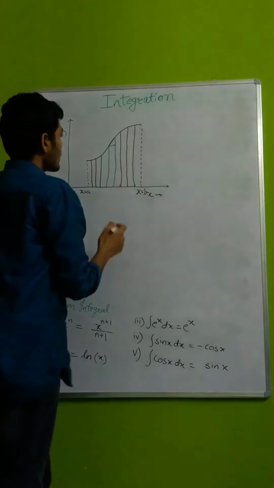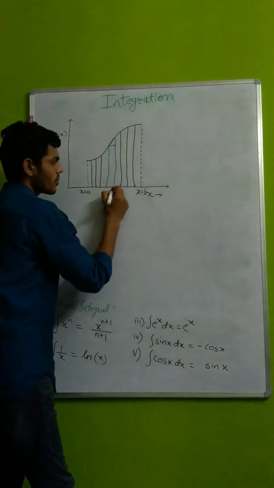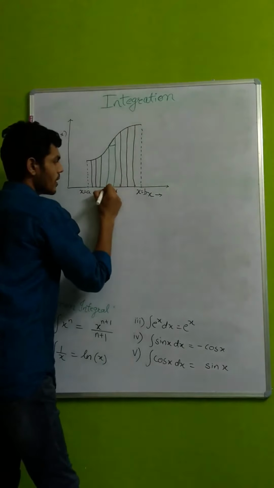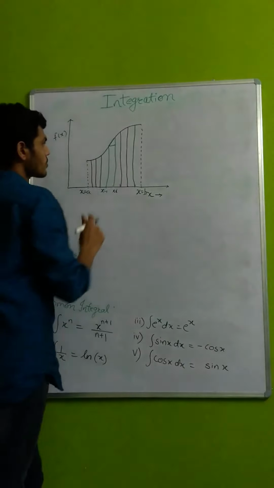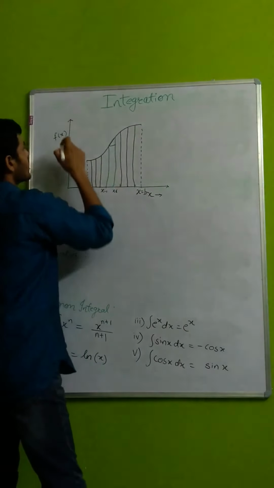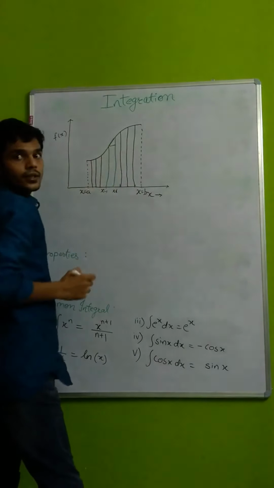So how can we find this? Let's say if this is some random point x equal xi, and this is xi minus 1. Okay. Now what will be the area of this rectangle? If this is f of x, that means this is f of xi.